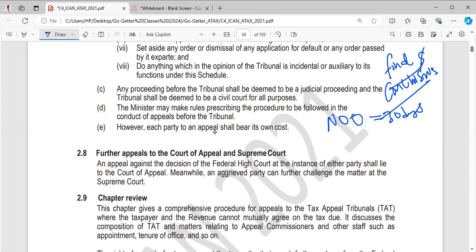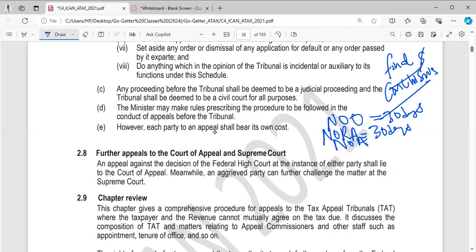Now, if there is an objection and it came with a notice of refusal to amend, which is NORA, and it was not appealed within 30 days, so that means there is no notice of appeal within 30 days, it is final and conclusive.